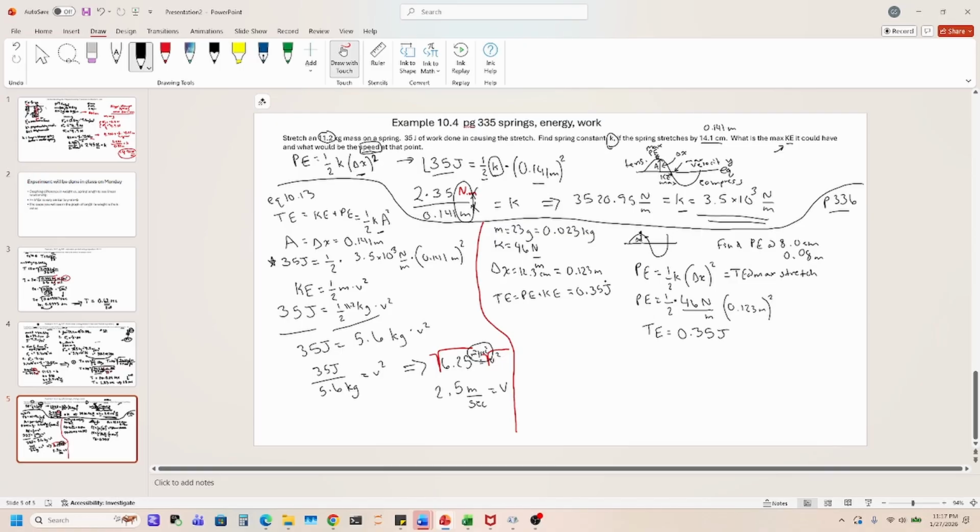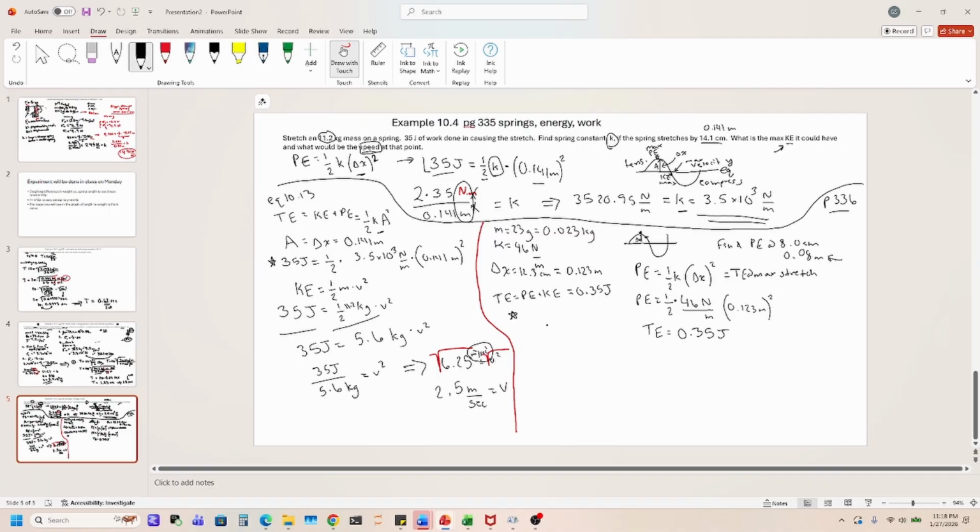Okay, so we can use our potential energy, try to figure out what it is at that position of 0.08 meters. Knowing the entire energy amount of the system, we can then use that to get our kinetic energy out of that.